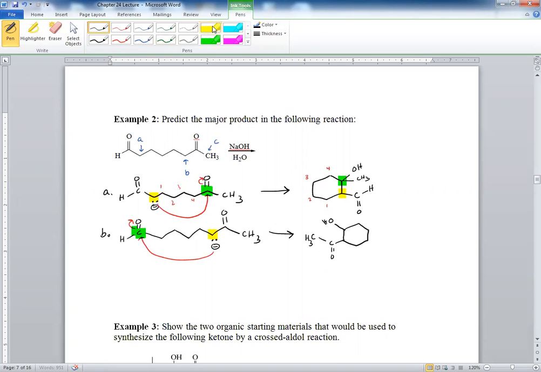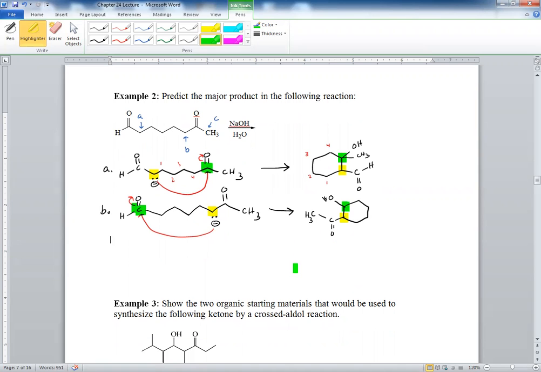Let me draw the yellow and the green. So here's the yellow, and there's the green. And if you would like to number these, this is again going to be 1, 2, 3, and 4. You can number this as 1, 2, 3, and 4.